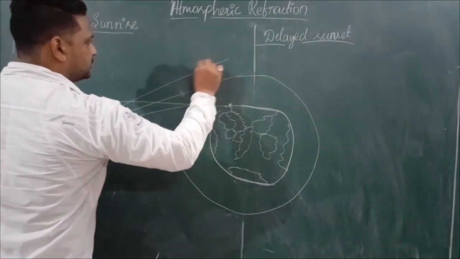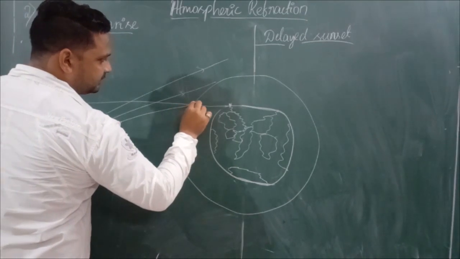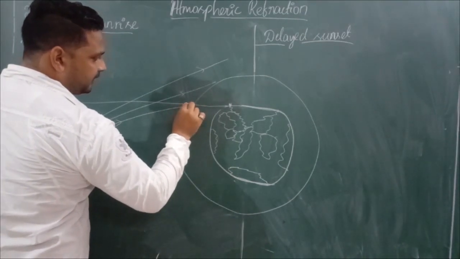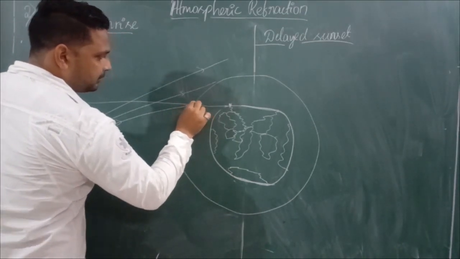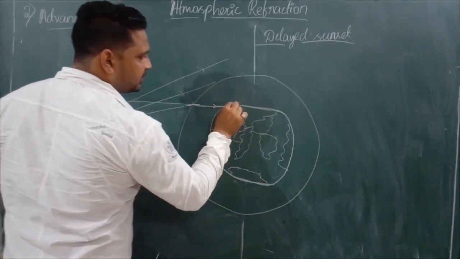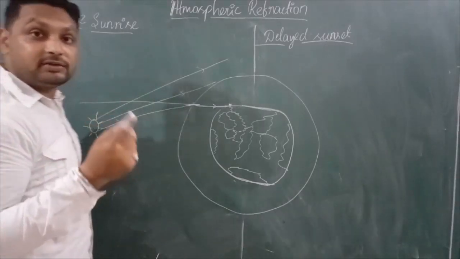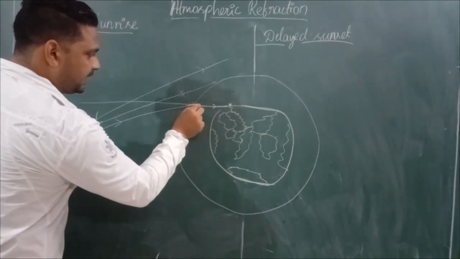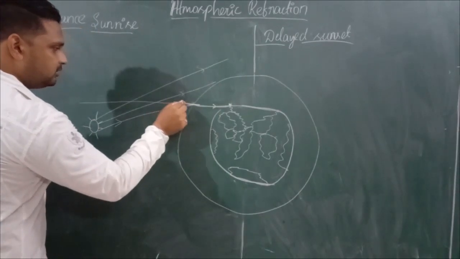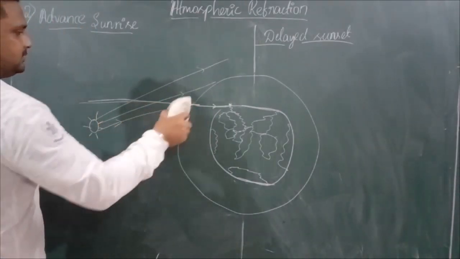Now we'll consider this ray. When it enters the Earth's atmosphere, it will undergo refraction and bend, and this bent ray will reach the observer. Since our brain considers light to travel in a straight line, the observer thinks the light is coming from a straight path, so it will imagine the source here.